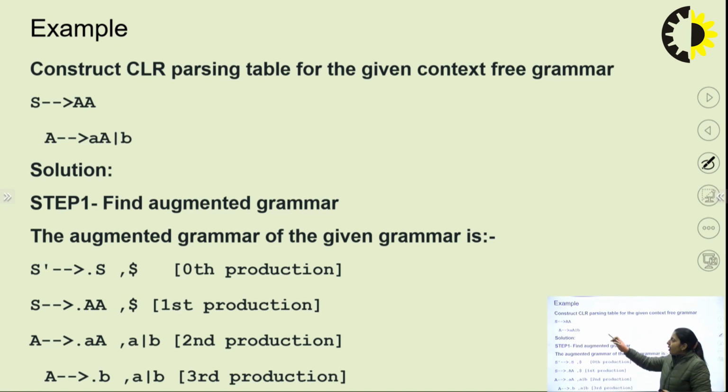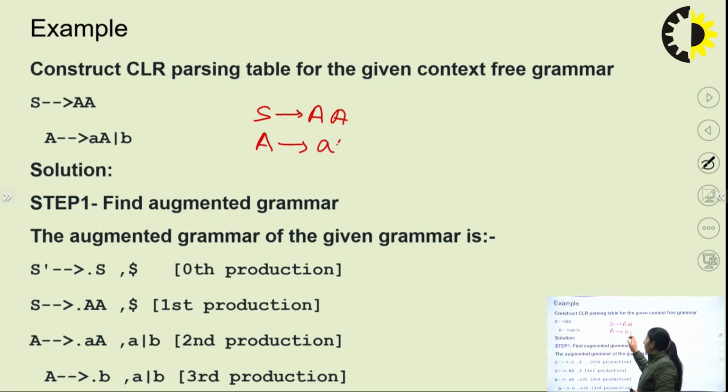So here is a grammar: S gives A, and A gives A slash B. So this is the grammar that we have been given. Now we have to find the augmented grammar for this particular grammar. That is the first step of constructing the LALR parser, or we can say the CLR parser.